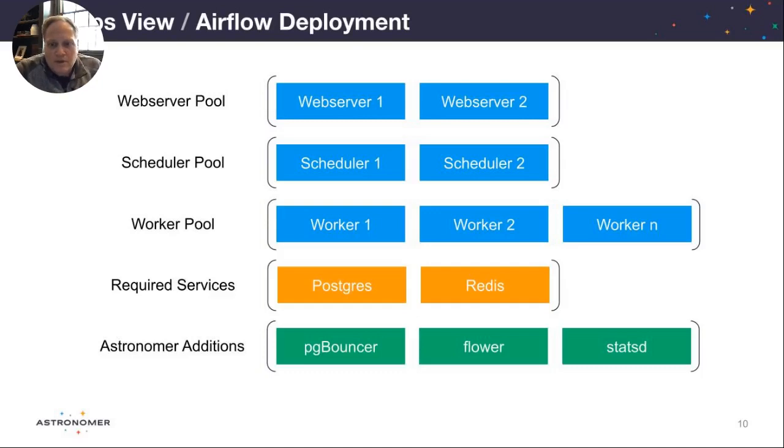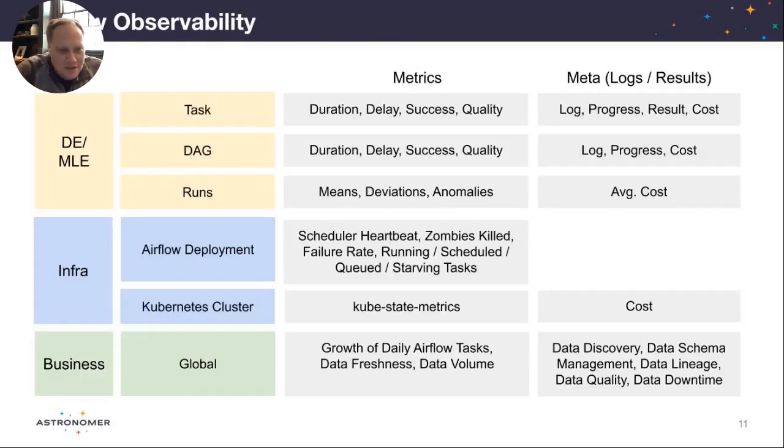But as we all know, in addition to infrastructure monitoring or observability, there's a lot more that people would like to observe these days. So the Airflow UI does a pretty good job for DAG authors and the data engineers and ML engineers, but there's still a lot to be desired. For example, knowing the progress of a long-running task.